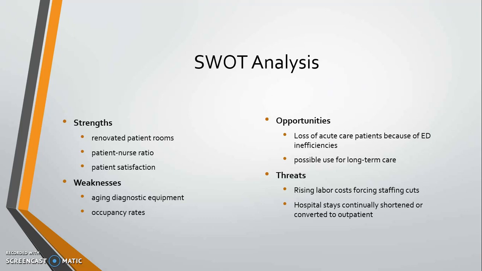Weaknesses were aging diagnostic equipment and low occupancy rates. Opportunities were loss of acute care patients because of ED inefficiencies and possible use for long-term care. Threats were rising labor costs, forcing staffing cuts, and hospital stays continually shortened or converted to outpatient.